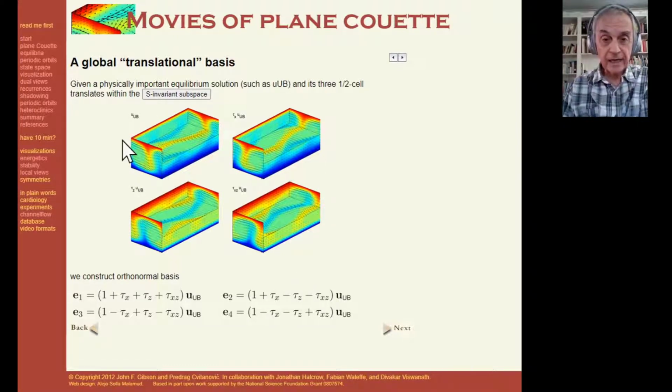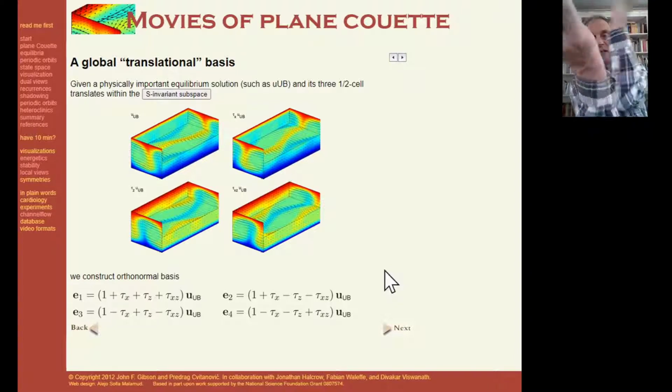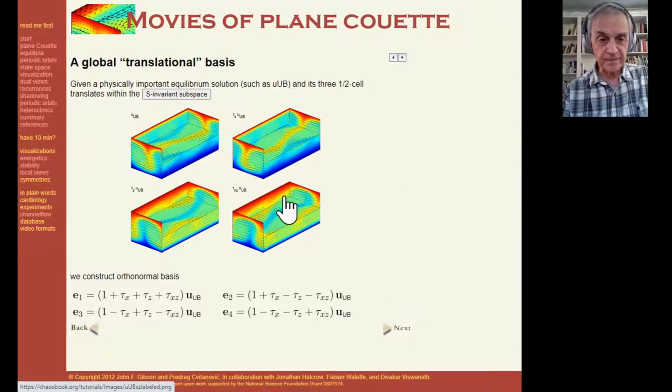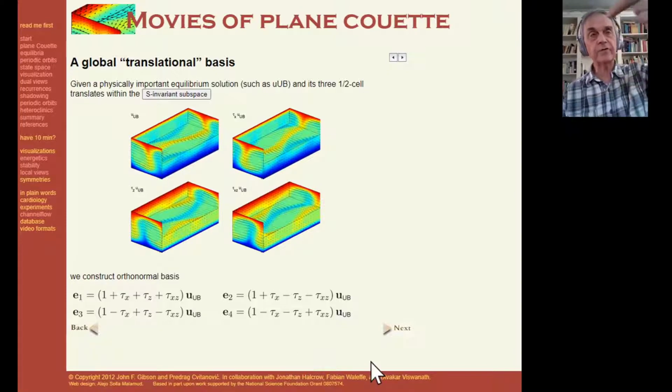Now, I can use these guys and add them up and subtract some and add some, and I can show that these combinations are orthogonal under this norm that we constructed, the energy norm. Which means that out of this one solution plus symmetries, I get 4 vectors in a state space.